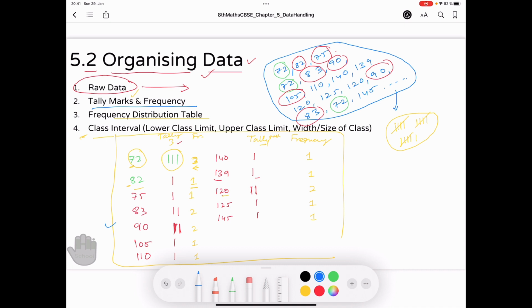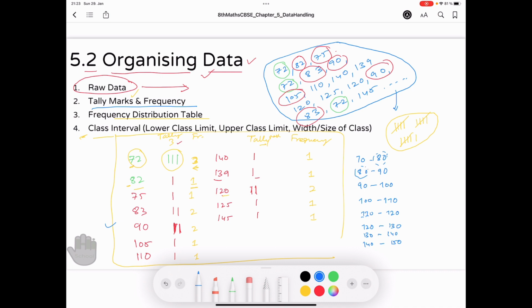Let's say we classify this data into classes such as data between 70 and 80, between 80 and 90, 90 and 100, 100 and 110, 110 and 120, 120 and 130, 130 and 140, 140 and 150.